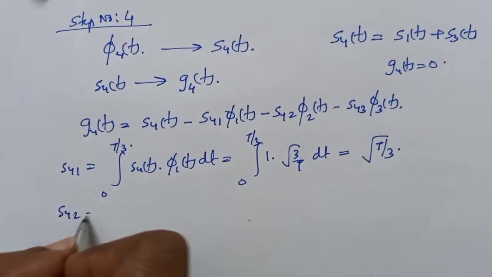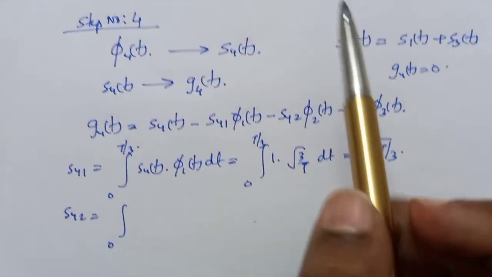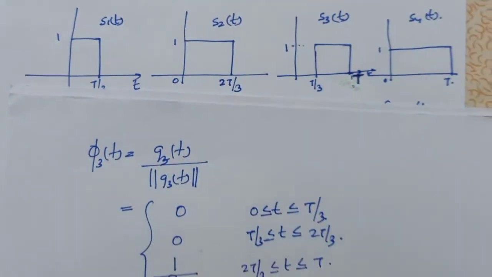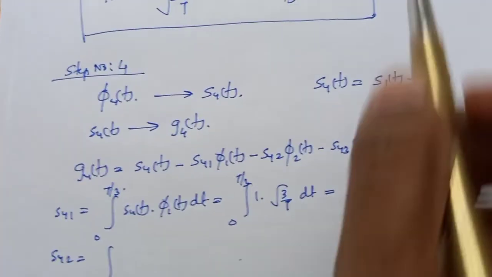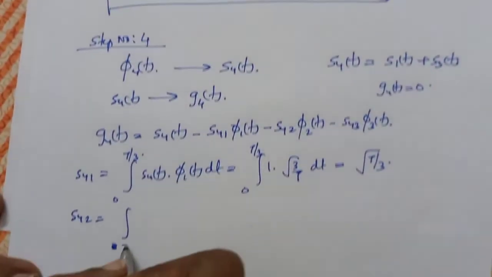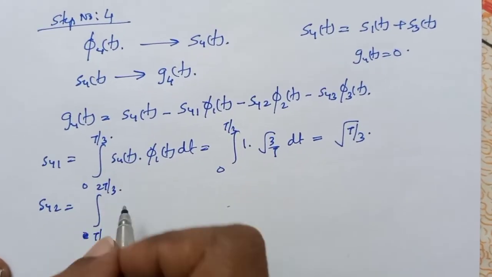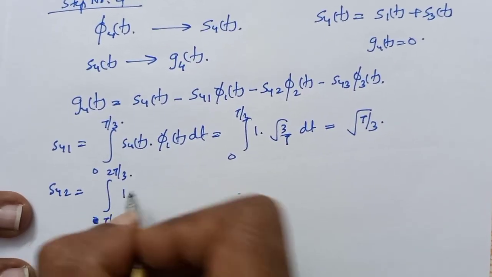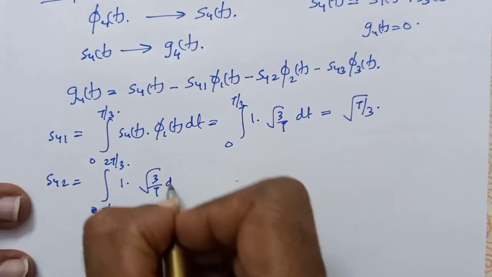Now s42 is the integral, so for s4(t) we know that s4(t) ranges from 0 to T, so that is present, no problem. But φ2(t) ranges from T by 3 to 2T by 3 only. So I will write it as T by 3 to 2T by 3, s4(t) is 1 into φ2(t) is root of 3 by T dt.